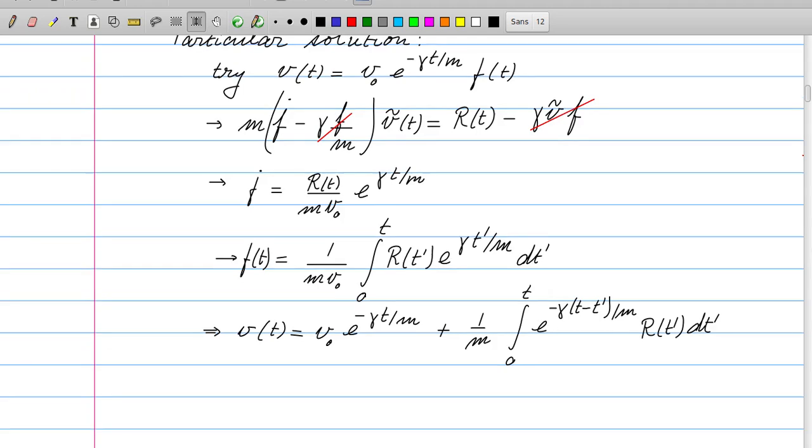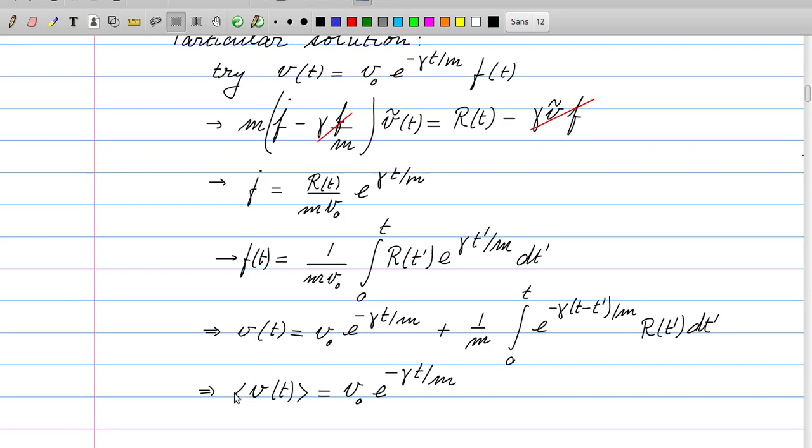As mentioned before, the second term is not amenable to analytic solution, but we can definitely infer some statistical properties of the solution for v using the statistical properties for r. We can, for example, calculate the expectation value of this v.